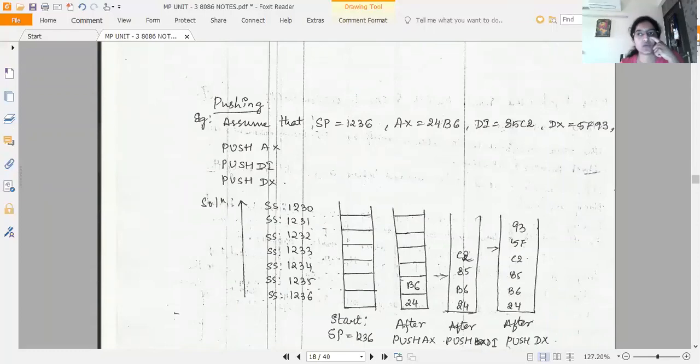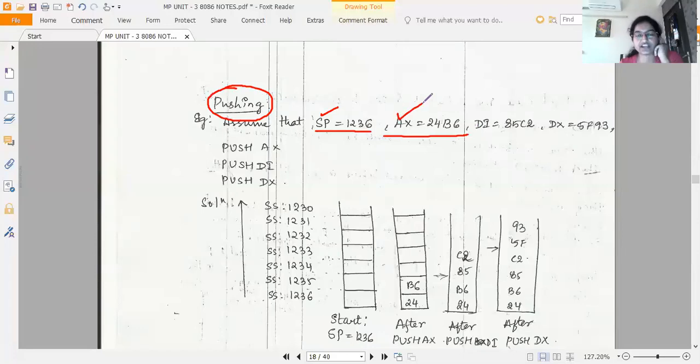Now, first, we will see the example for pushing. Assume that your SP has 1236. SP is stack pointer. AX is having 24B6 data.